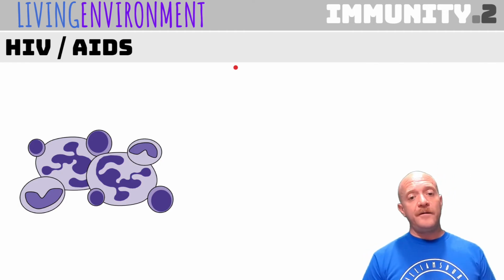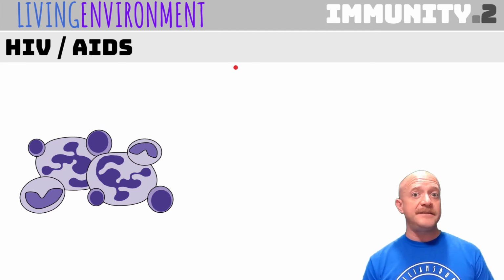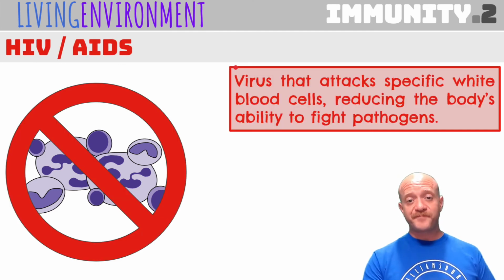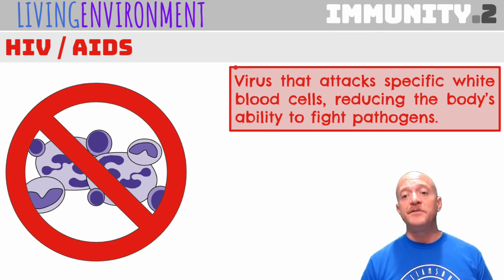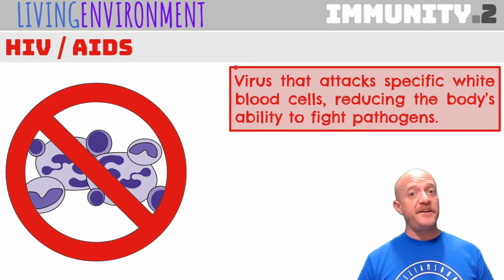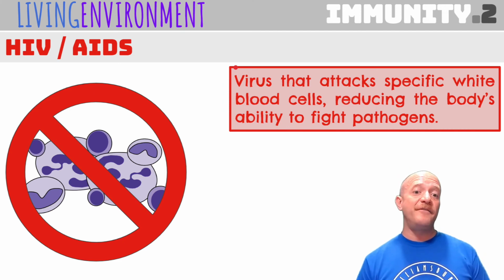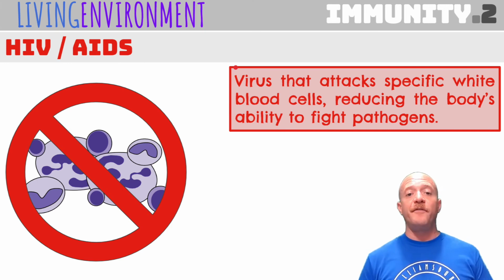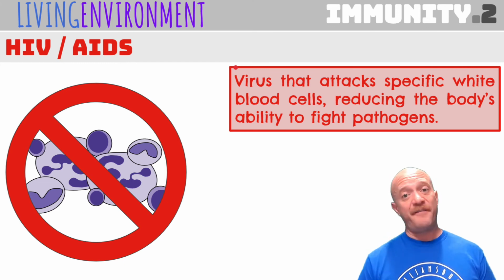Now, one thing we should mention, and you've probably heard of it, is HIV and AIDS. Well, HIV is a virus that attacks specific white blood cells. It reduces the body's ability to fight pathogens. HIV stands for human immunodeficiency virus. And once you have enough white blood cells destroyed, the body cannot fight off pathogens.